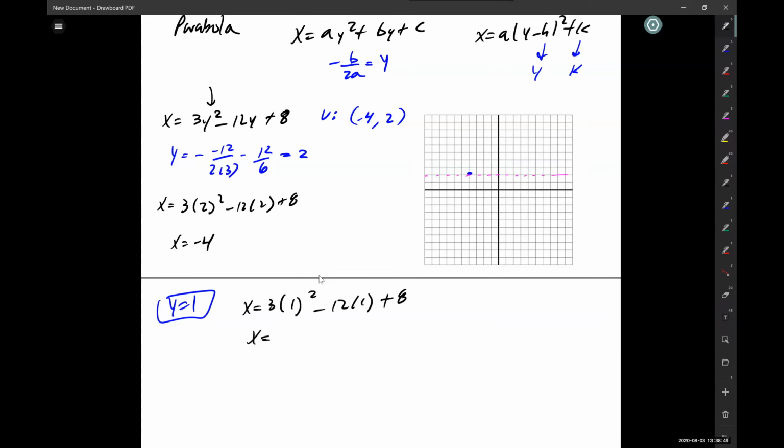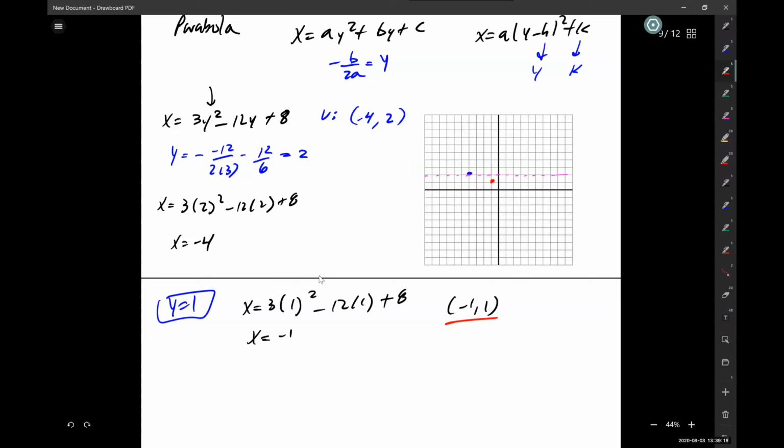Yeah, negative 1. So be careful once again that this is the point negative 1, comma 1. Make sure to keep your variables straight. So negative 1, comma 1 puts me right here.